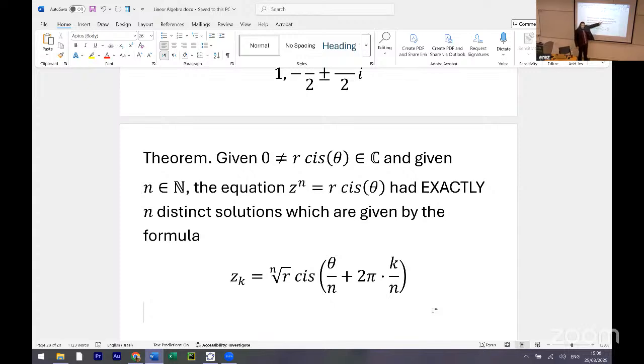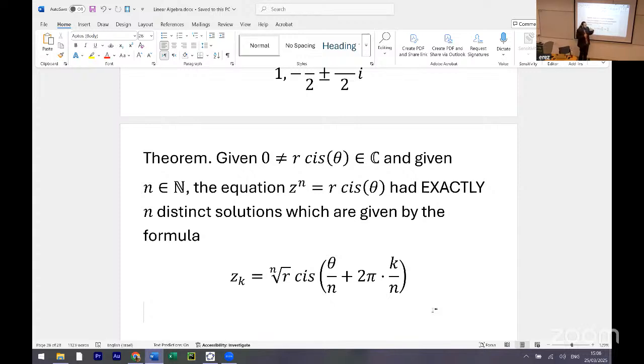That's just r. And what happened to the angle? It is multiplied by n. So the n cancels out and you get theta and a whole number of full circles, right? So it's quite obvious why this formula is correct.